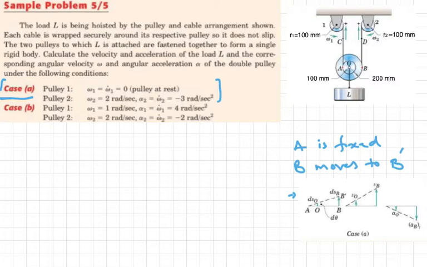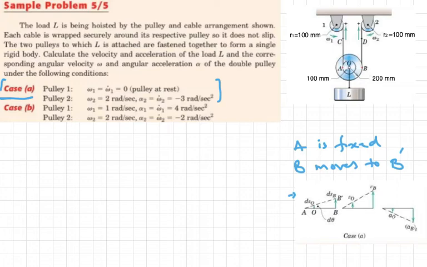The tangential displacement, velocity and acceleration of a point on the rim of pulley 1 or 2 is equal to the corresponding vertical motion of point A or B. So you can see that we have the displacement vectors that we've shown geometrically. So this will be the velocities.